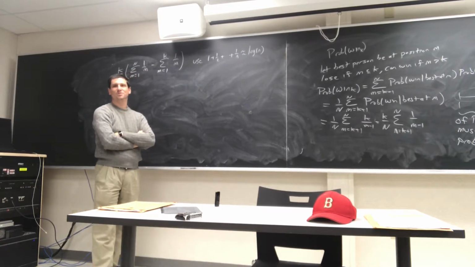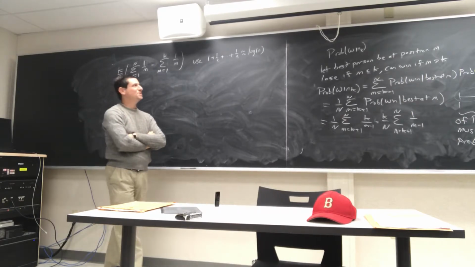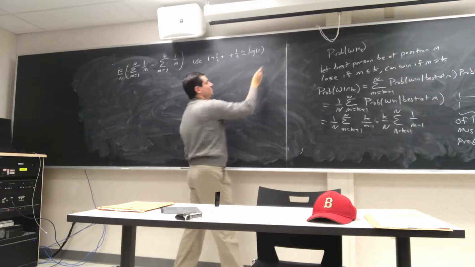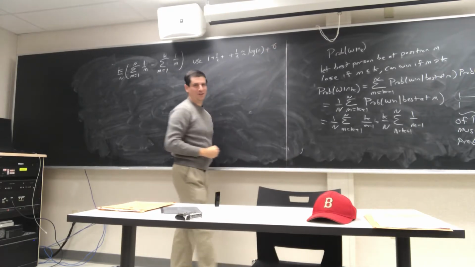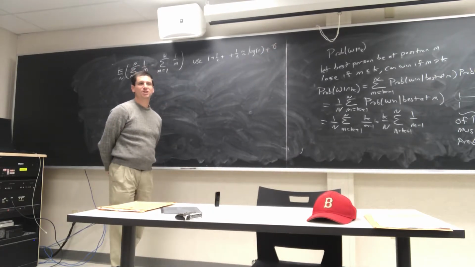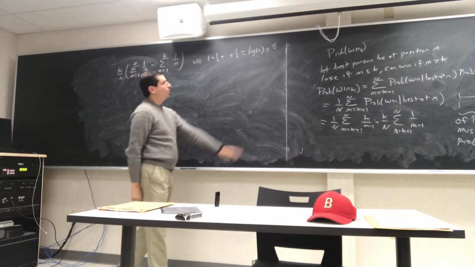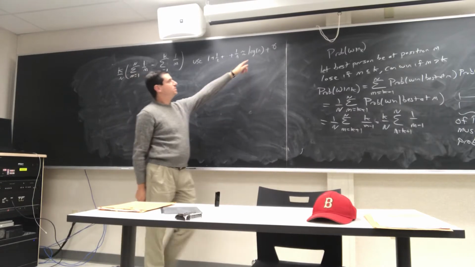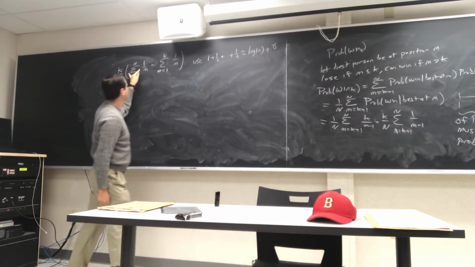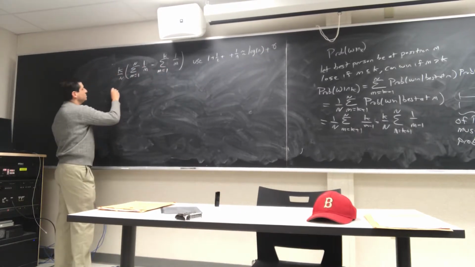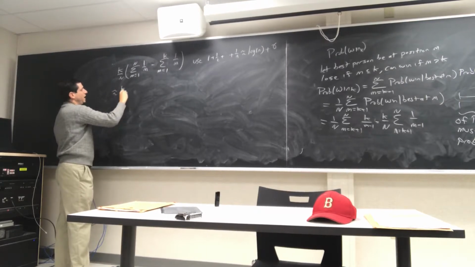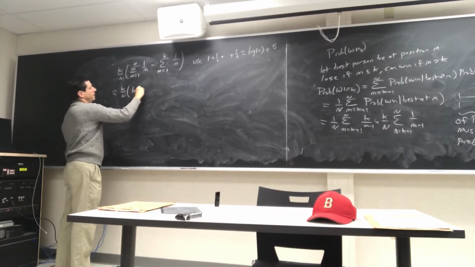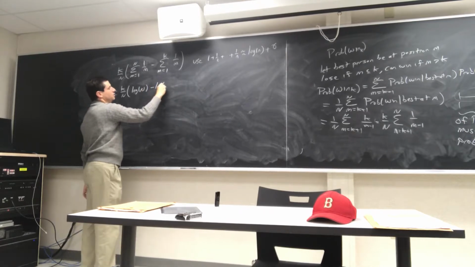Anybody remember the next term? Is it plus or is it minus? Plus. So the next term is plus the Euler gamma constant, and then the next term after that is like a 1 over n. Fortunately for us, all that really matters is the main term. It doesn't even matter if it's plus or minus, because I'm going to subtract, and so I'll get that this is approximately K over N, and this will be the log of n minus the log of k.